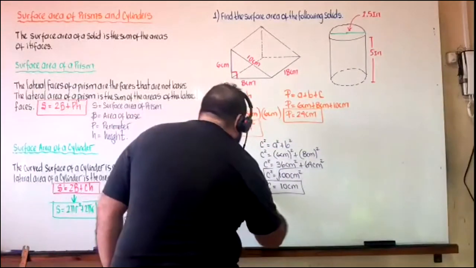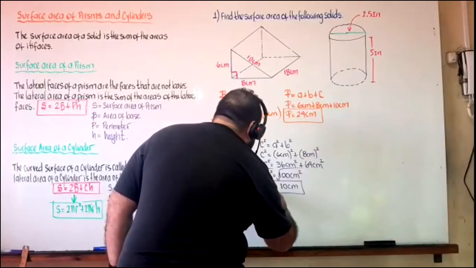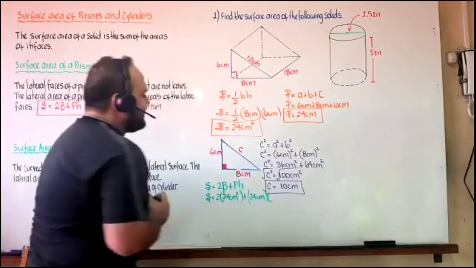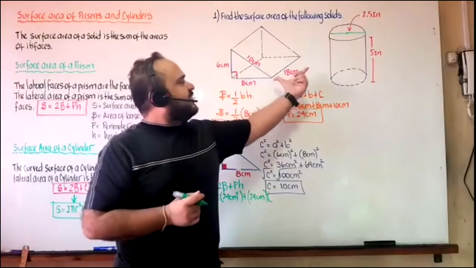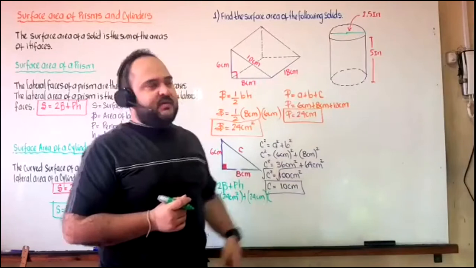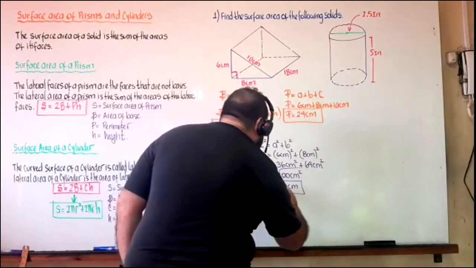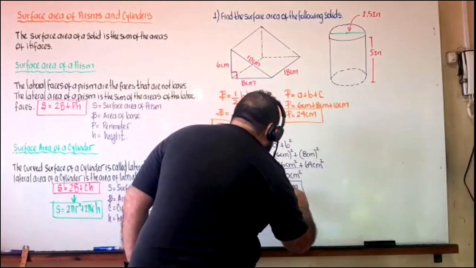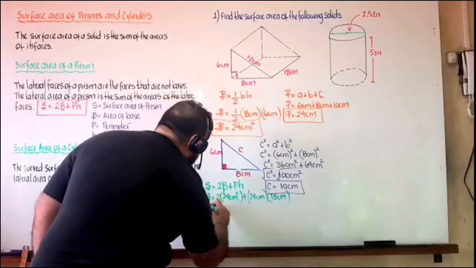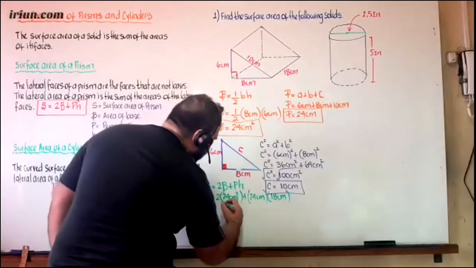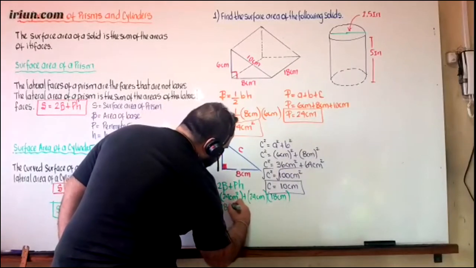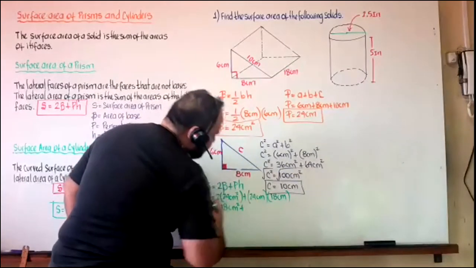It will be 24 centimeters multiplied by the height. And the height, just to explain it again, is the width of the prism. I mean 18 centimeters. So surface area will be given by 2 times 24, which is 48 square centimeters.